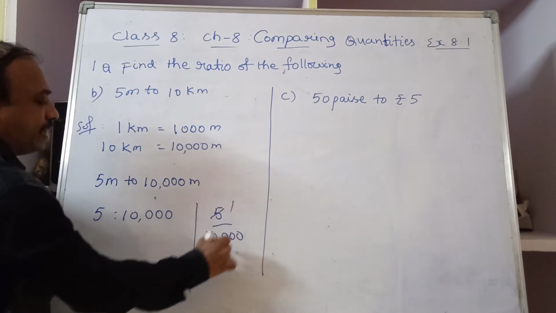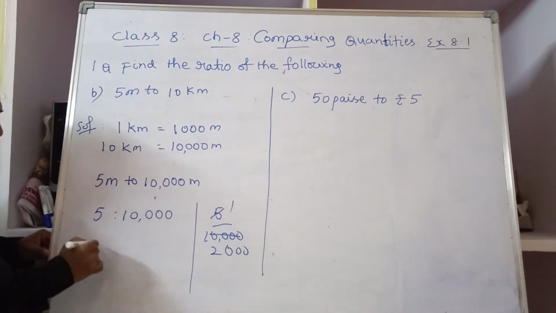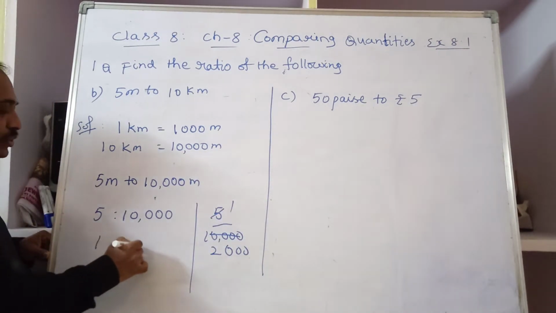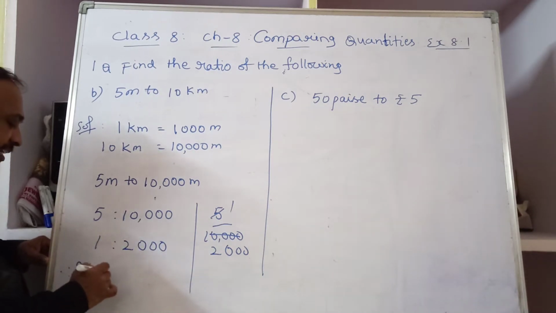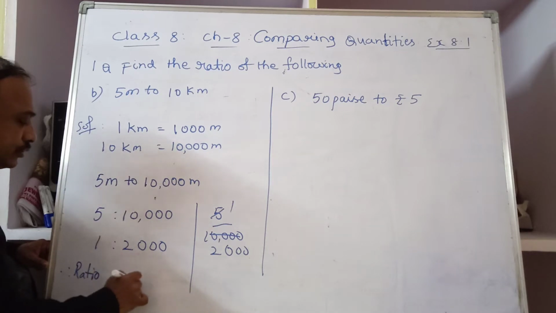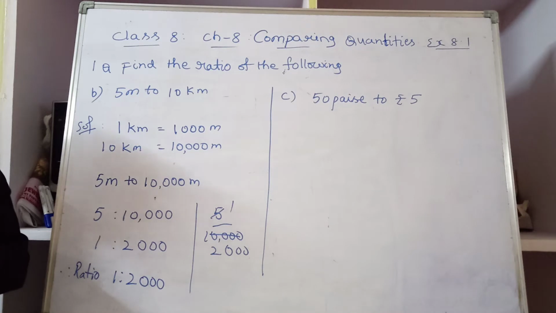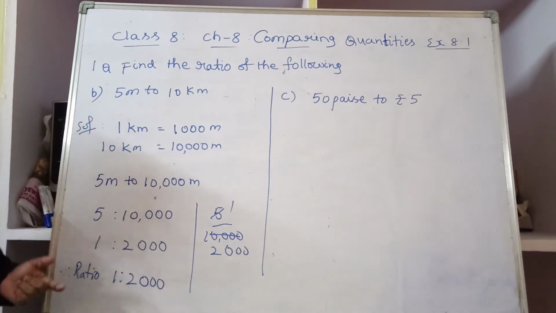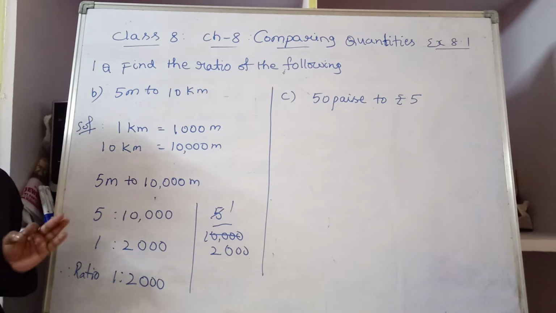You can cancel: 5 ones are 5, 5 twos are 10, and the zeros cancel. So 1 by 2000, which is nothing but 1 is to 2000. Therefore the ratio is 1 is to 2000. While finding the ratio, the units must be the same.